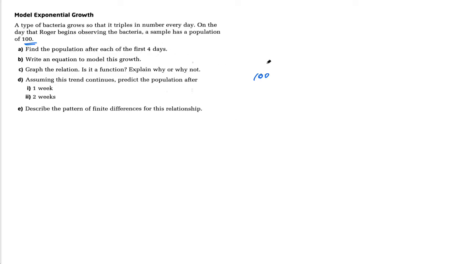After 4 days, okay, so here let's create a simple table. Days and the actual population growth. I'm just going to use n for number of days. Initially it's 100. When n is 1, it's going to triple, so it's 100 times 3. The second day it's going to be 100 times 3 squared, because you have to multiply by 3 again.